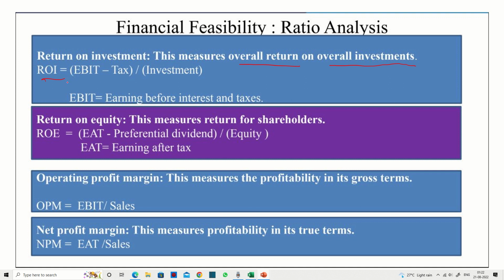Return on investment is equal to EBIT minus tax divided by investment, where EBIT is earning before interest and taxes. Here, investment means equity plus debt.